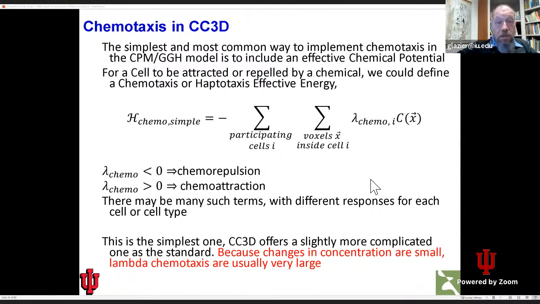And this algorithm says, no, there isn't. Because if I replace a voxel of cell number 1 with a voxel of cell number 2, I still have a cell there, and the energy contributed by that is still the same. It's lambda times concentration. And so in this algorithm, the chemical field only acts at the boundaries between cells and medium.